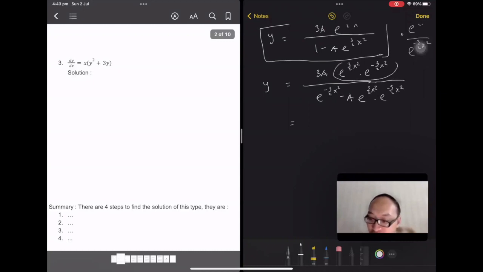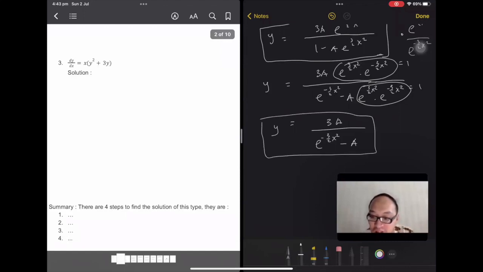So this equals 1, and this as well equals 1. So we have 3a over (e^(negative 3 over 2 x squared) minus a). This is the final answer.